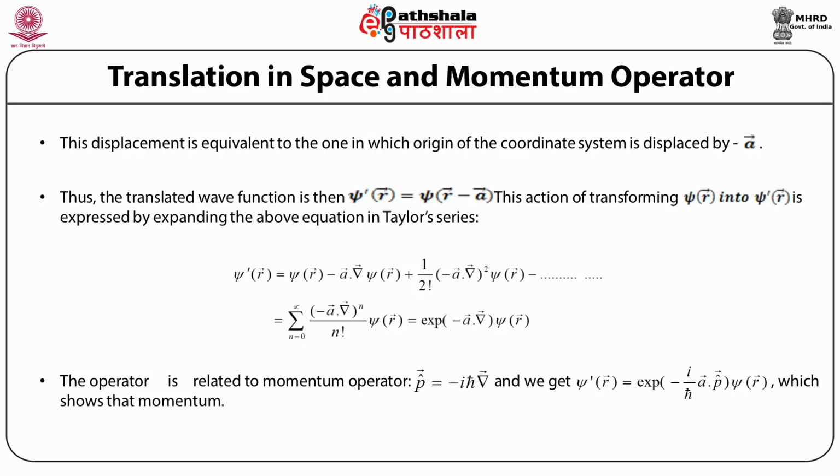So basically what we have done is that in this result we have substituted the value for the momentum operator in the above equation that we derived for the wave function psi prime, and we get this final relation.